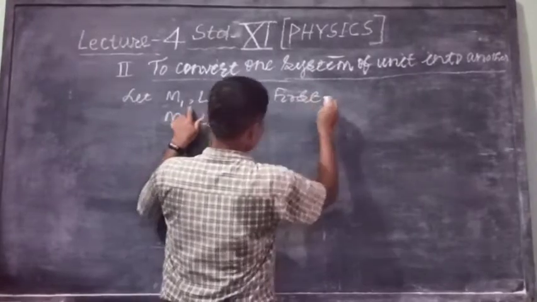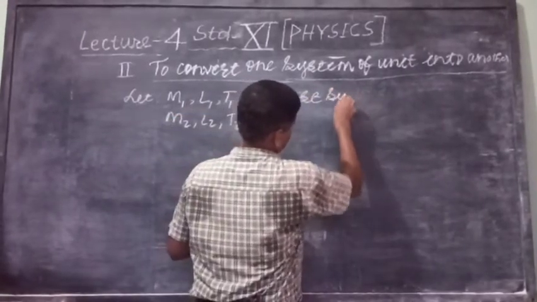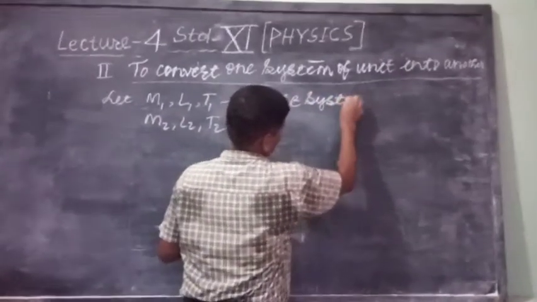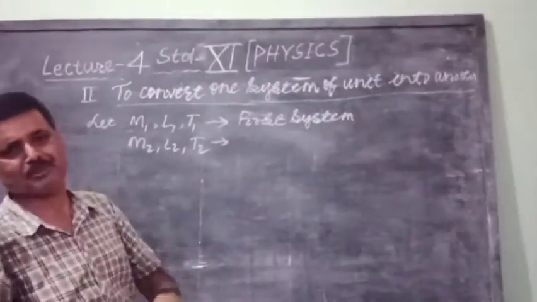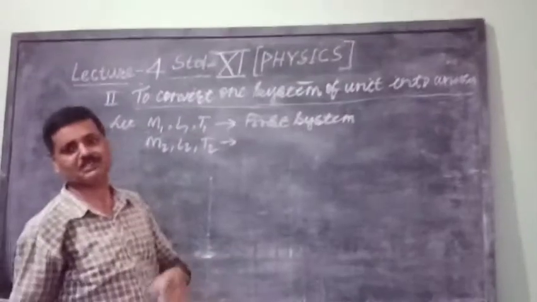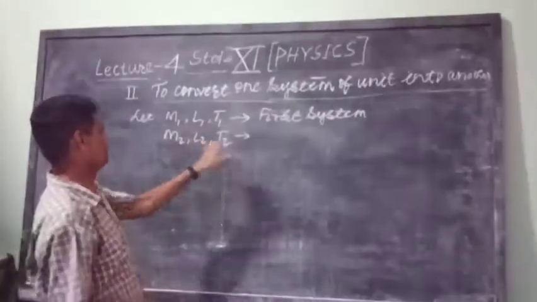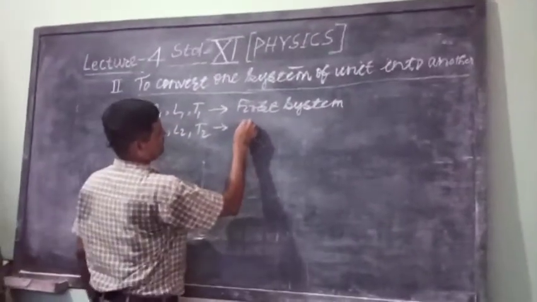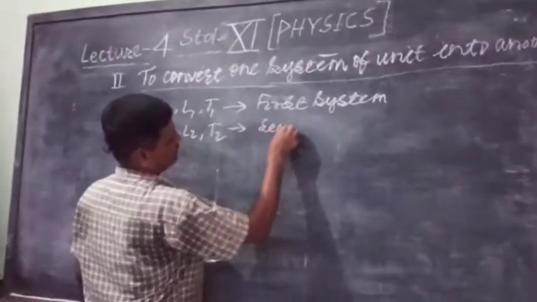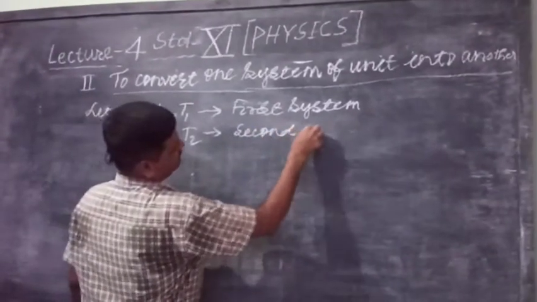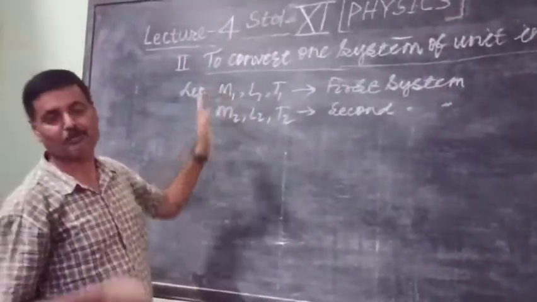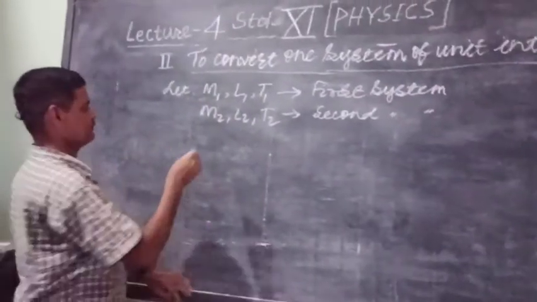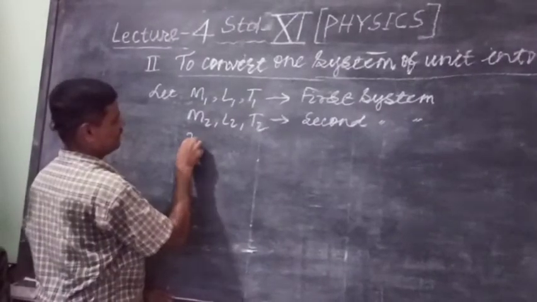For the first system, the subscript is 1. M1 means mass of the first system, L1 means length of the first system, and T1 is the time of the first system. And this is the second system of unit. So these are the values of mass, length and time.